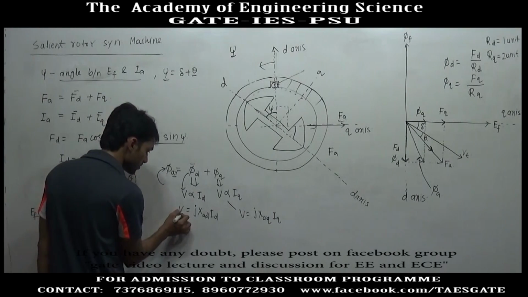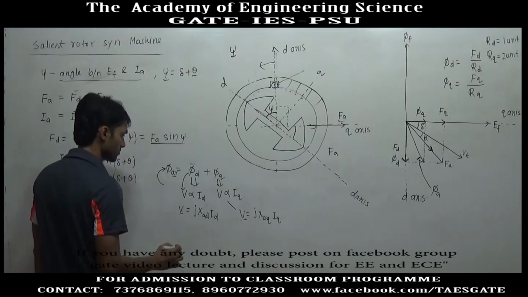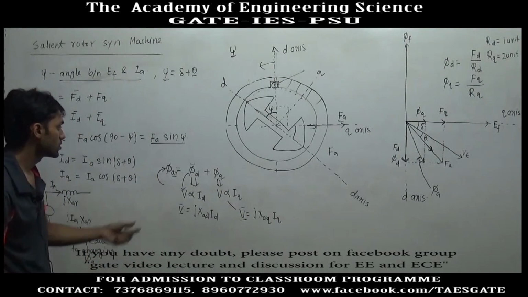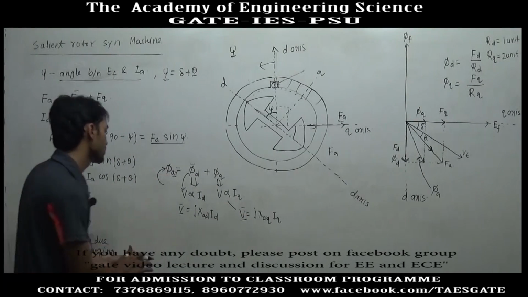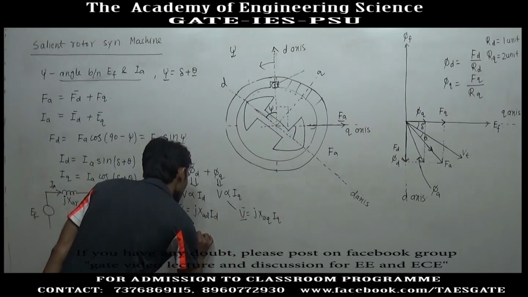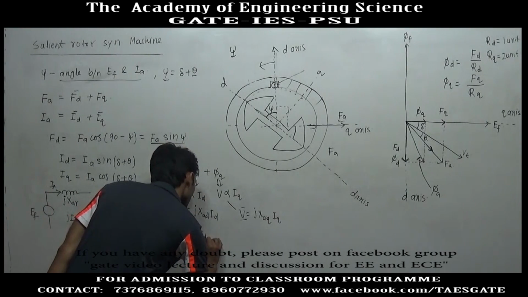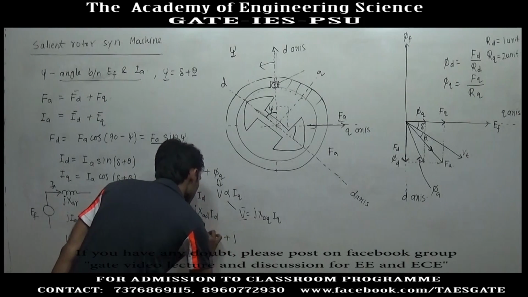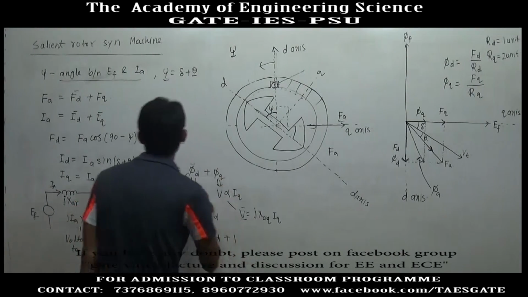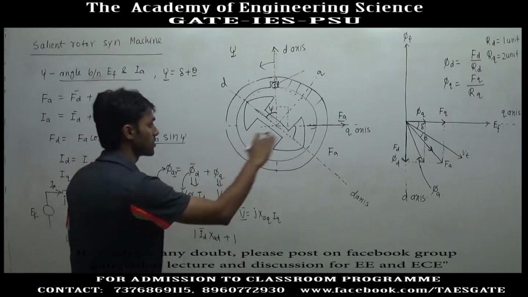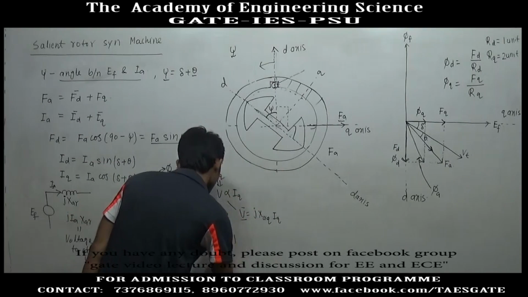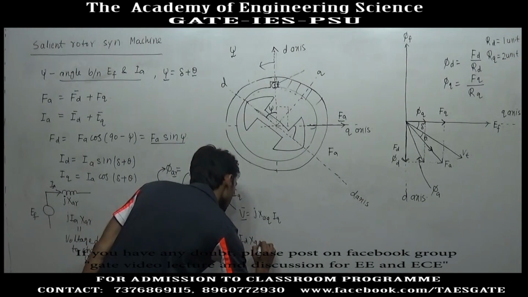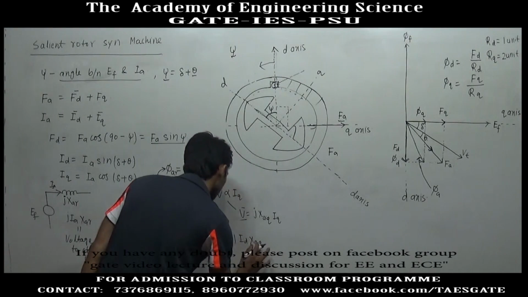And the vector sum of these two voltages will represent the voltage due to total armature flux. So, if you take the vector sum, we will have J ID XAD plus J IQ XAQ, a vector sum, because ID has a definite direction and IQ has a different direction.